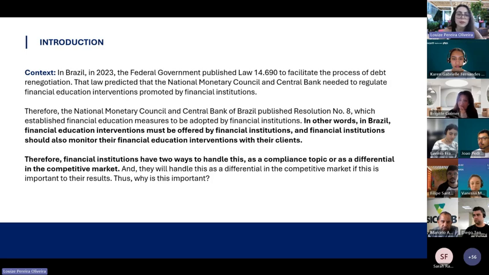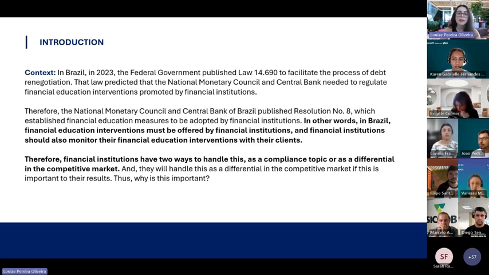This makes a reflection about how financial institutions can handle this. And I suggested we have two ways to handle this. The first way is as a compliance topic.